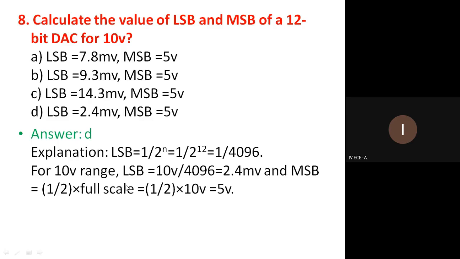For a 10 volt range, LSB is 10 volt divided by 4096, which gives 2.4 millivolt. The MSB is equal to 1 by 2 into full scale voltage, that is 1 by 2 into 10, equal to 5. So option D: LSB 2.4 millivolt, MSB 5 volt.